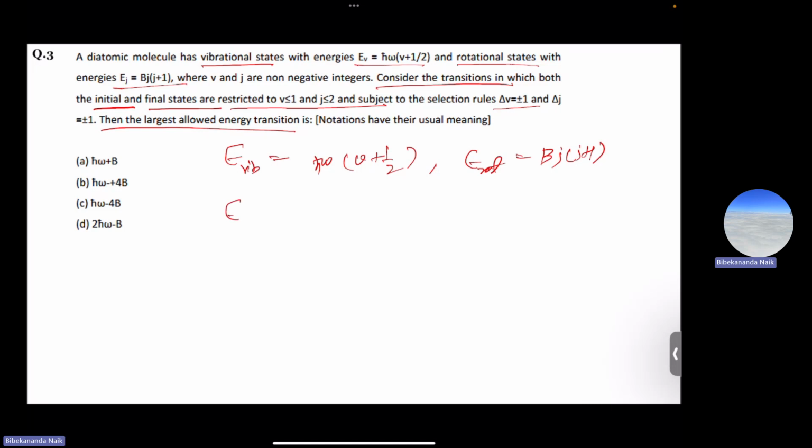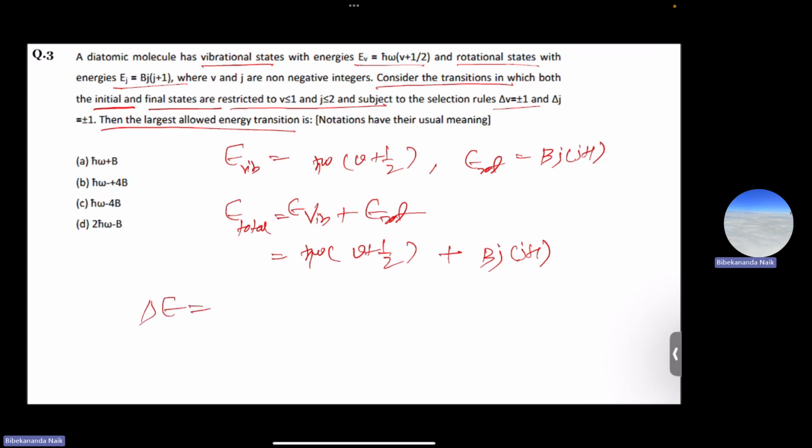So E_total is E_vib plus E_rot, which is equal to ħω(v + 1/2) + B j(j + 1).